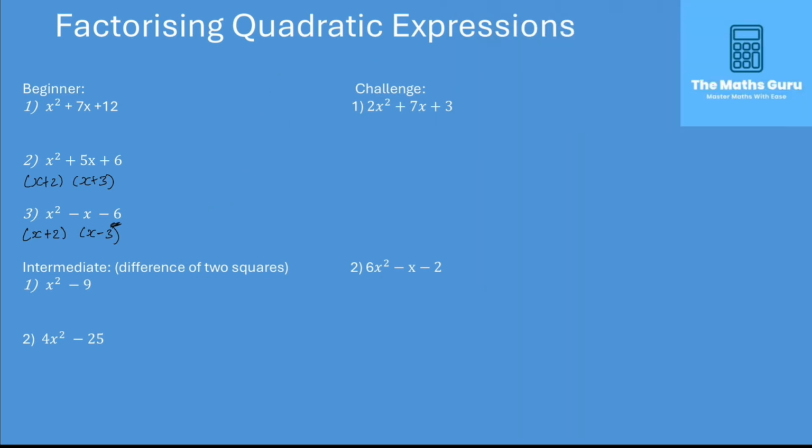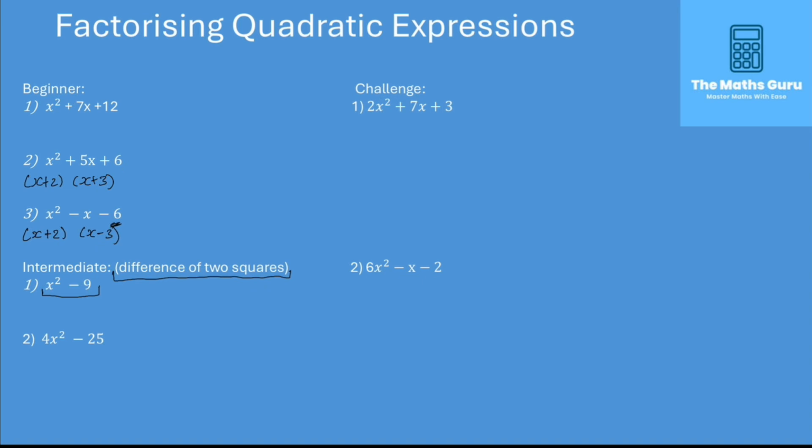So, looking at this question, this is an intermediate result that you're going to need to know. It's called the difference of two squares result. This is when you're asked to factorize something like this, and when you have no middle term, it means that the middle terms have cancelled each other out.